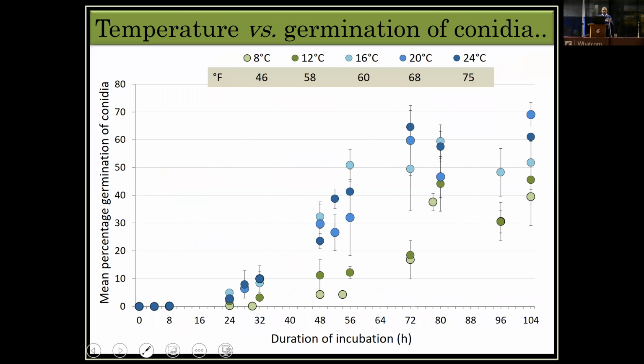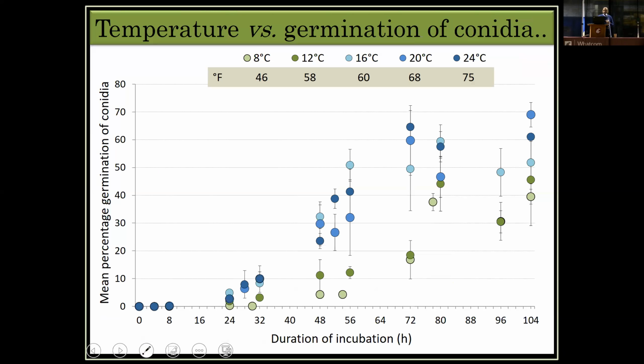So the other question we had was, even though the spores are released during this critical time of the year, how long does it take for the spores to germinate. So this is just a simple laboratory test we did, taking one representative isolate and taking the conidia out, and then studying the germination at different temperatures from 8 degrees C to 24 degrees C. You can see that at the lower temperatures, like 46 and 58 Fahrenheit, the green dots, the germination ratio, this is the mean percentage germination on the y-axis.